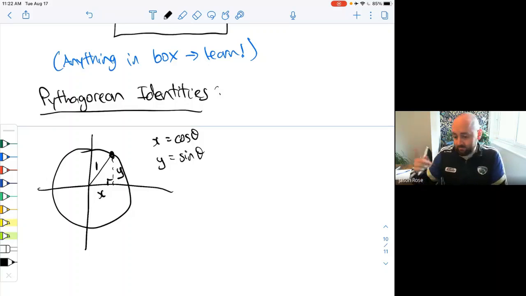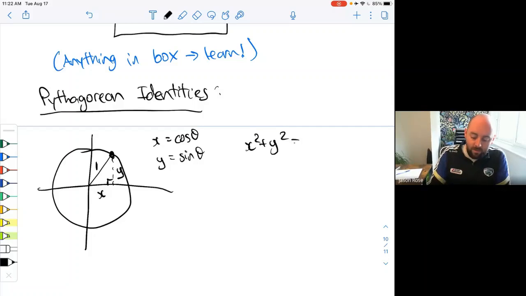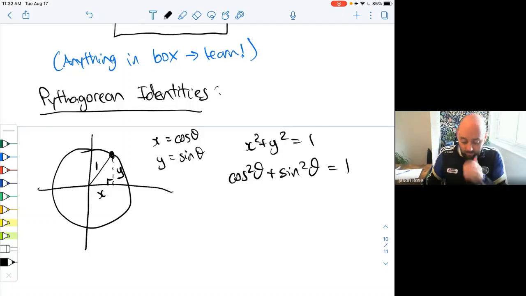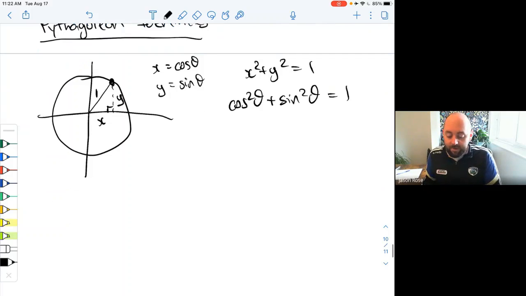It's that the sum of the squares of the two sides is equal to the square of the hypotenuse. So it's going to be that x squared plus y squared equals 1, or cosine squared theta plus sine squared theta is equal to 1. So that's another identity that you have, the Pythagorean identity, and it comes from Pythagoras' theorem in the beginning.